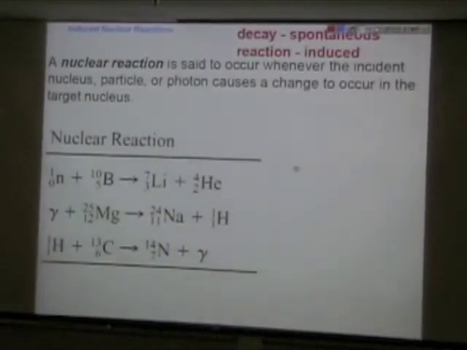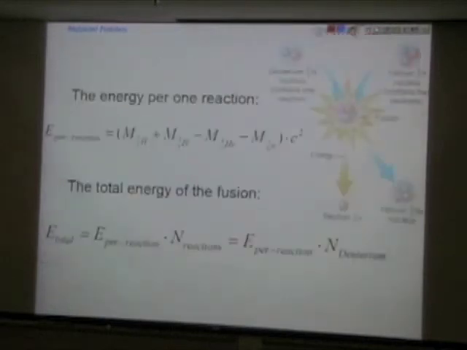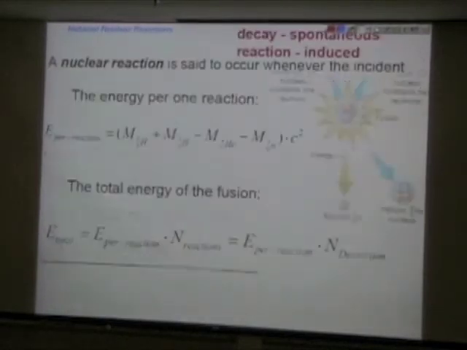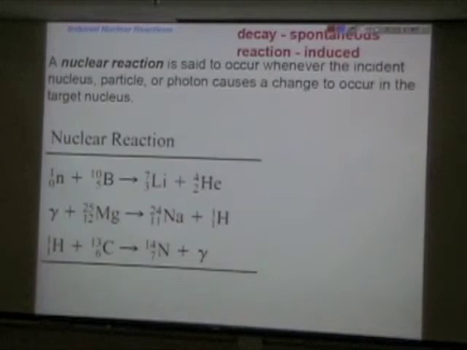Okay, so these are just possible examples of different reactions. What's important is, for any reaction, in addition to the law of conservation of energy, we can always apply the law of conservation of charge. I've got one slide.